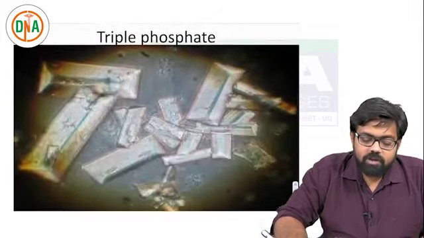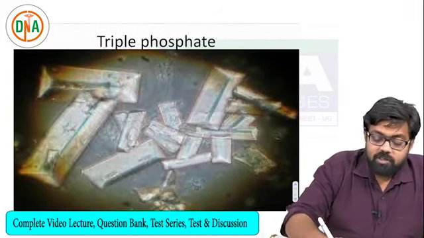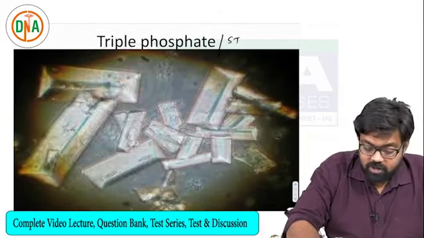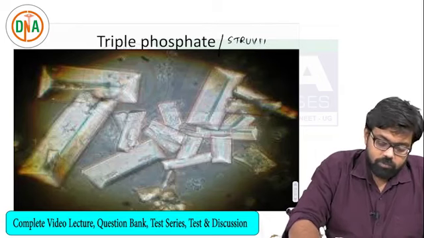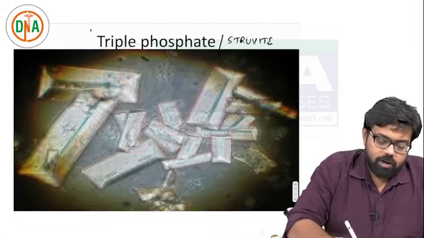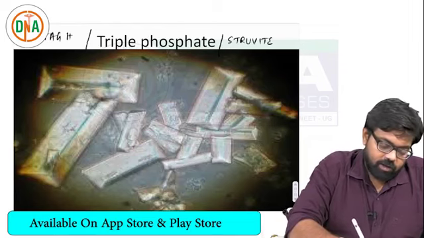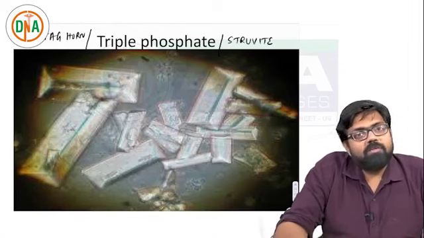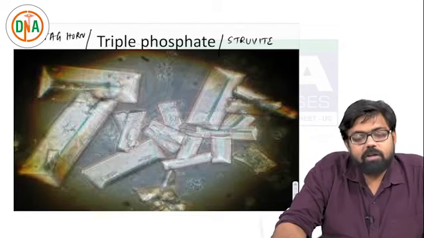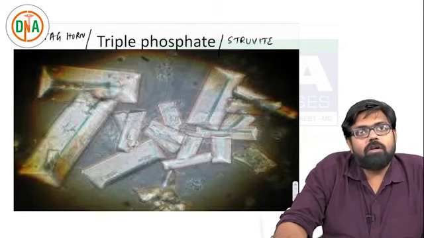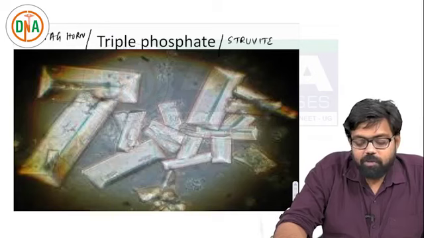The next one is triple phosphate. You may also come across this as a struvite stone, also called a staghorn calculus. A person may have a staghorn calculus or a struvite stone, which you can also call a triple phosphate stone.